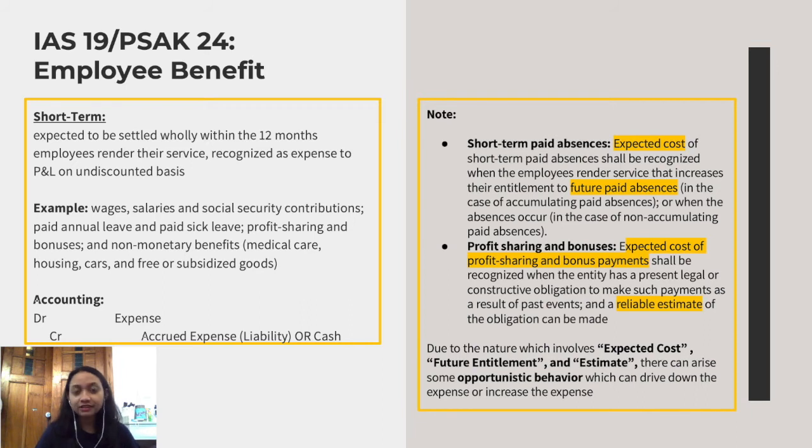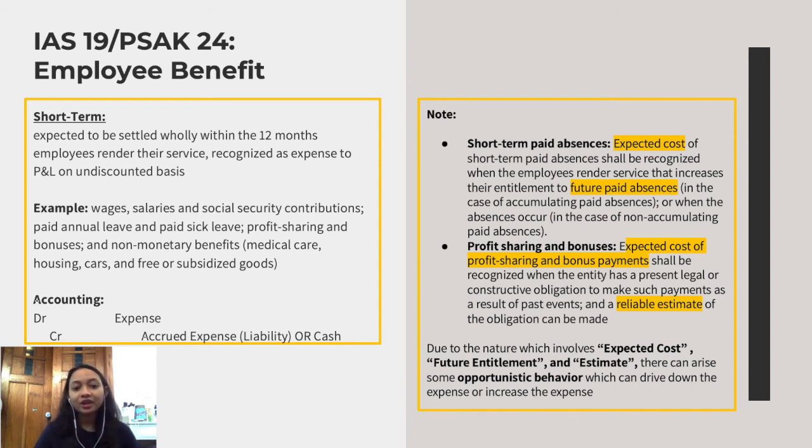Meanwhile, in the case of the non-accumulating method, the company must recognize when the absences occur. And also profit sharing and bonuses: the expected cost of profit sharing and bonus payment shall be recognized when the entity has a present legal or constructive obligation to make such payments as a result of past events, and when a reliable estimate of the obligation can be made.